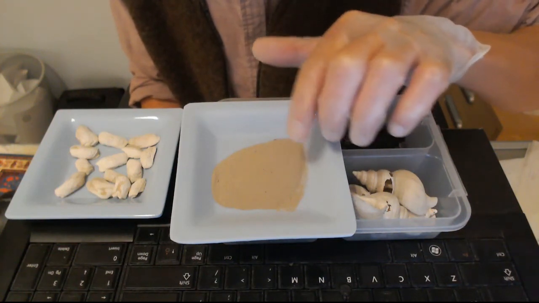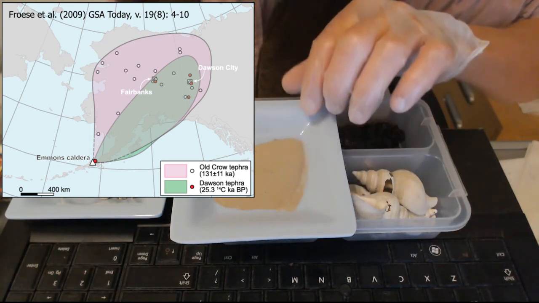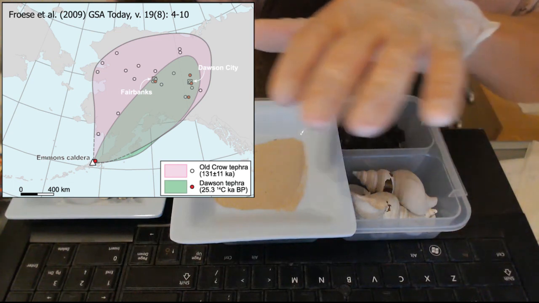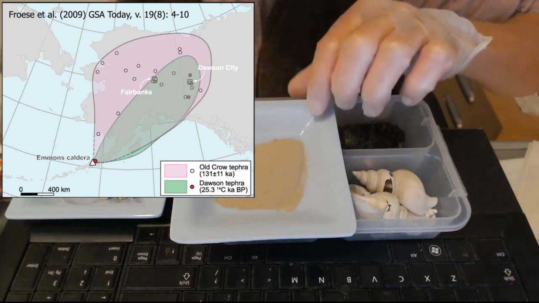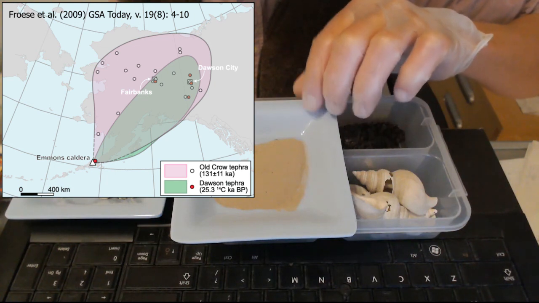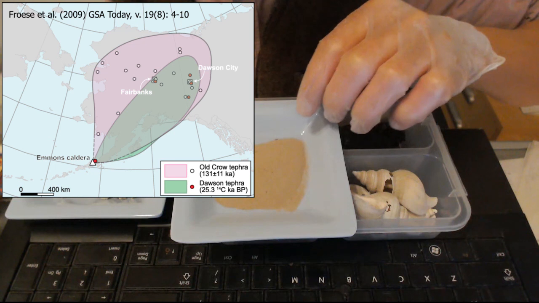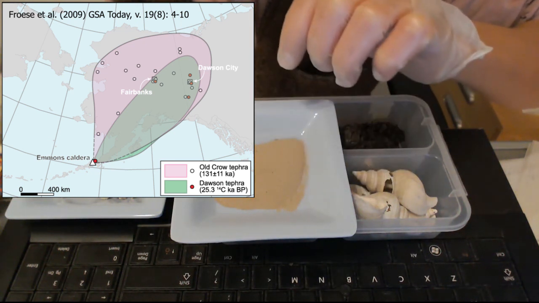So there was an eruption in Alaska that brought this dust of ash, volcanic ash, across Alaska into northern Yukon and deposited this tephra in many places. So it's a very excellent marker bed that you can find in many different quaternary sections. And so this was dated.